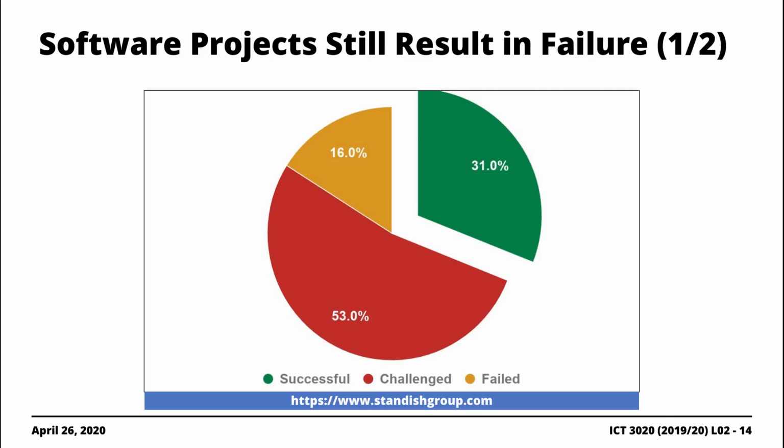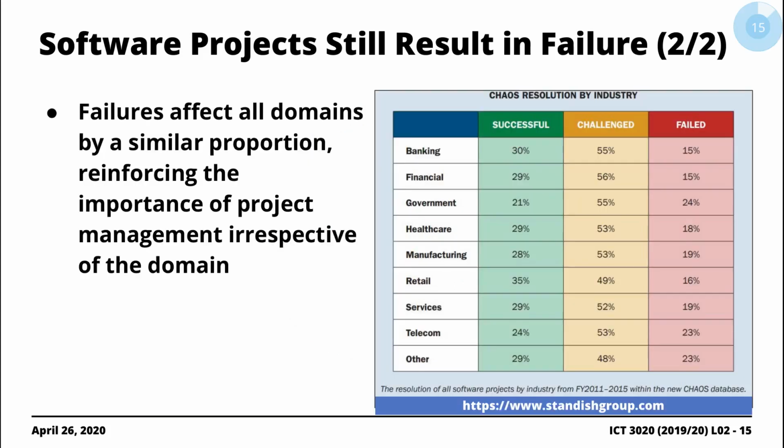What the Standish Group have done is narrow down to see if the patterns change when you look at the data based on the different domains. It turns out that even though there are intrinsic differences between the different domains, by and large you notice that the proportion of projects that end up being successful is generally less than 50%.